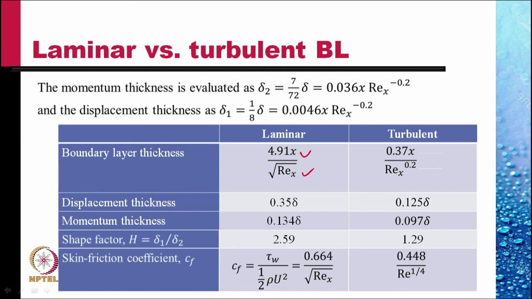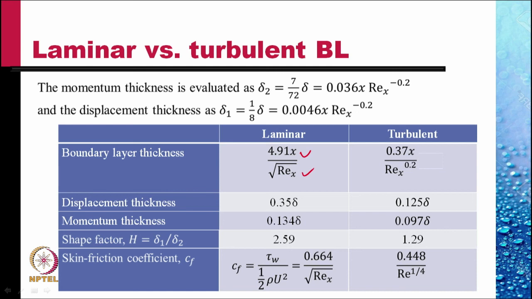Similarly, the momentum thickness from 0.134 reduces to 0.097. The shape factor value reduces from 2.59 to 1.29. Turbulent flows are less likely to separate.